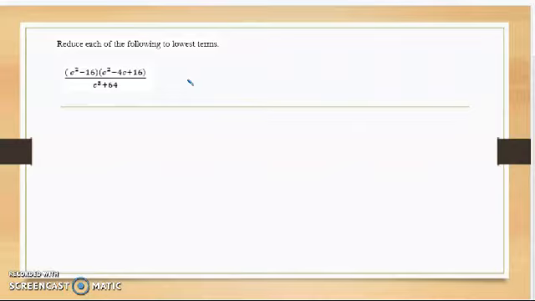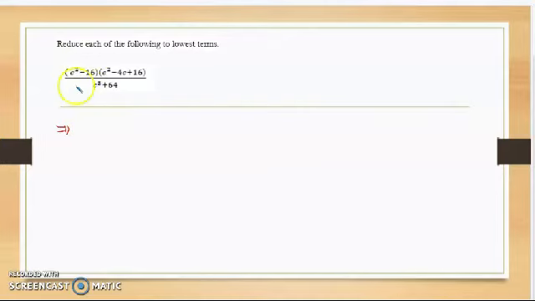We have here c squared minus 16 times the quantity of c squared minus 4c plus 16, all over c cubed plus 64. So c squared minus 16 is a difference of two squares.